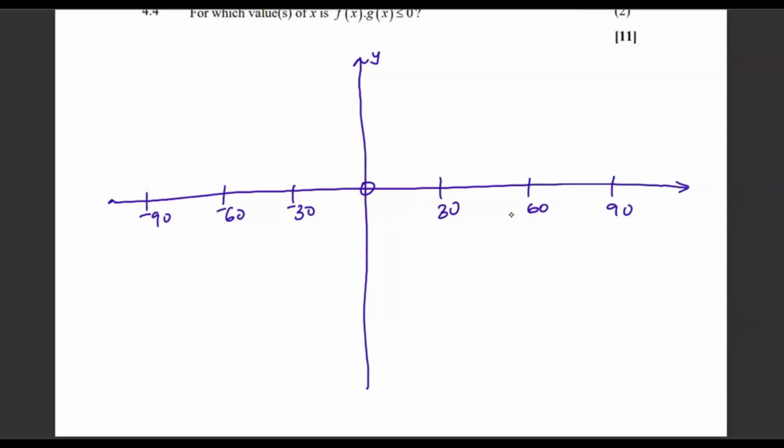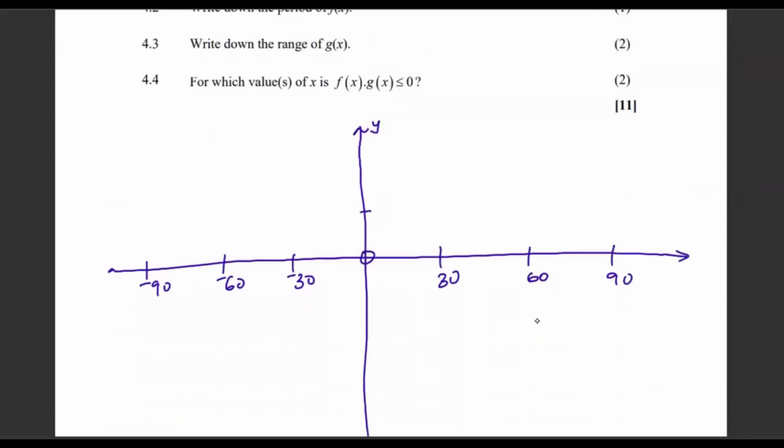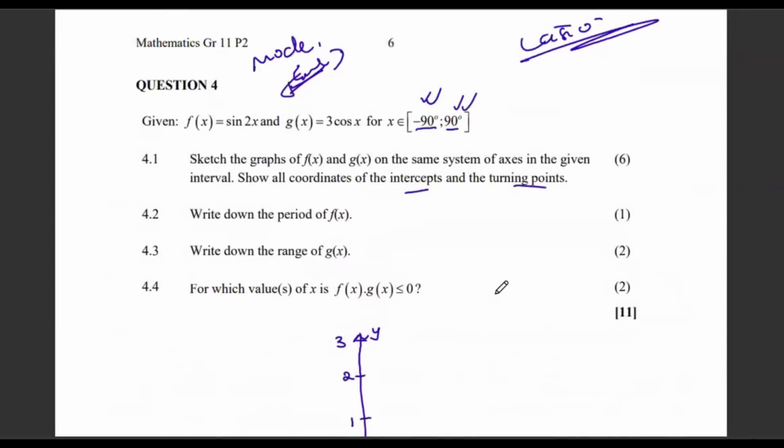Here, what's the biggest number? It's a 3. I can have 1, 2, and probably 3, -1, -2, and then -3. So we said the step we're using is 30. So let's use a step of 30. Then you press the equal sign, and we're just going to have a table of answers.